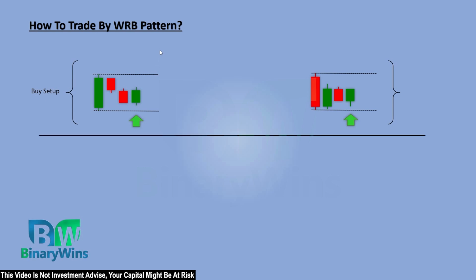For sell positions, if we had a red candle with dimensions of WRB, after drawing support and resistance on the lowest and highest price of the candle, if the next candle is a green candle inside the body of the red candle and the next candle is a green candle inside the body, we can enter a sell trade on the fourth candle.